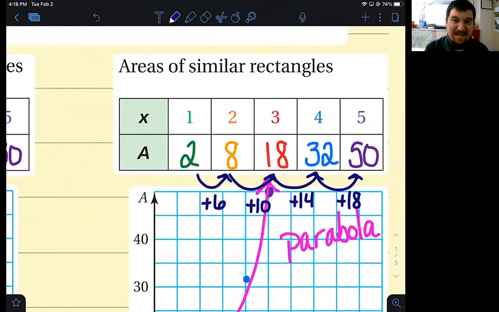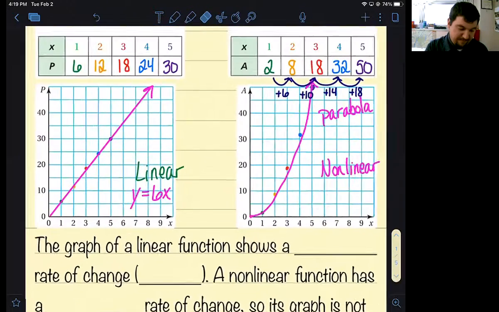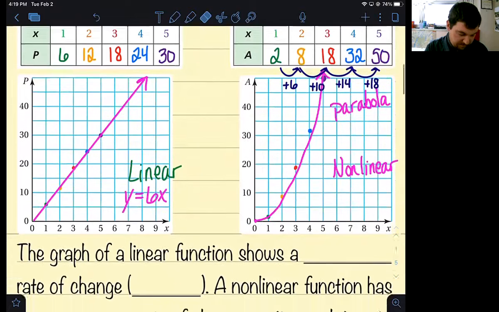The rate of increase is increasing by 4 more, and then 4 more, and then 4 more. And so that's what makes this nonlinear. It's increasing at different rates, but the rate that it's changing by is always changing by 4. Okay, so it's definitely nonlinear for that one.